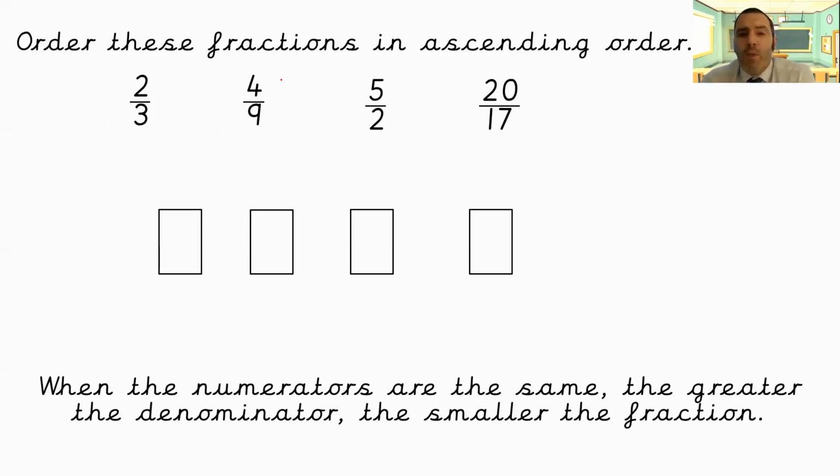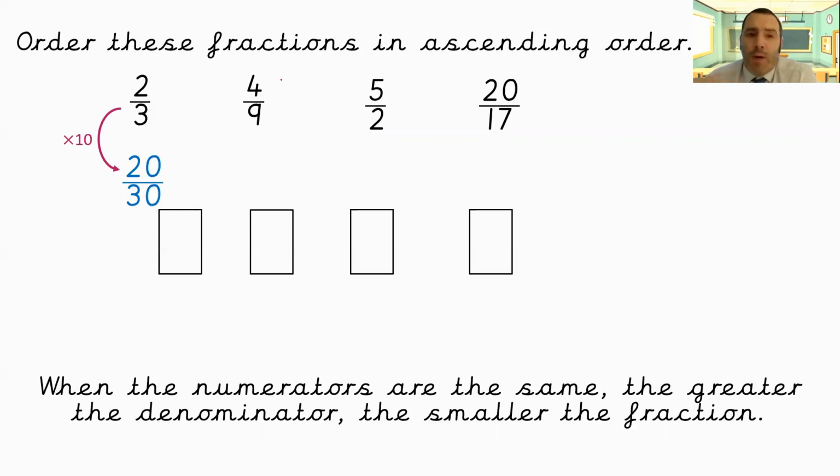So we can make them all equal to 20, and then we're just comparing the denominators using our rule at the bottom of the page, where the numerators are the same, the greater the denominator, the smaller the fraction. So 2 times 10 makes 20. I also need to remember what I'm doing to the numerator, I need to do to the denominator.